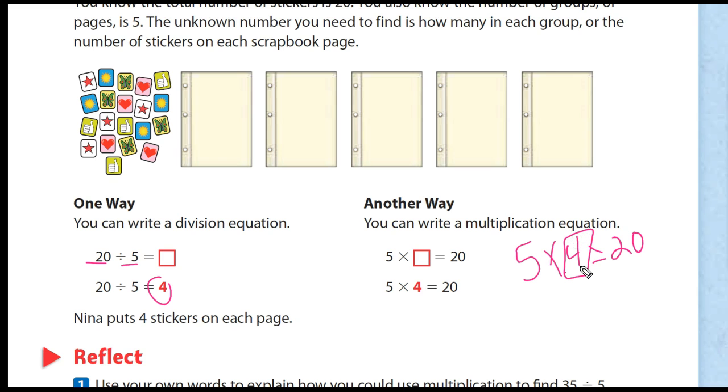Or what I could do is make 5 pages or 5 groups, and I'll put 1 sticker on each page until I get to 20. 1, 2, 3, up to 20. So how many are in each page? 4, exactly.